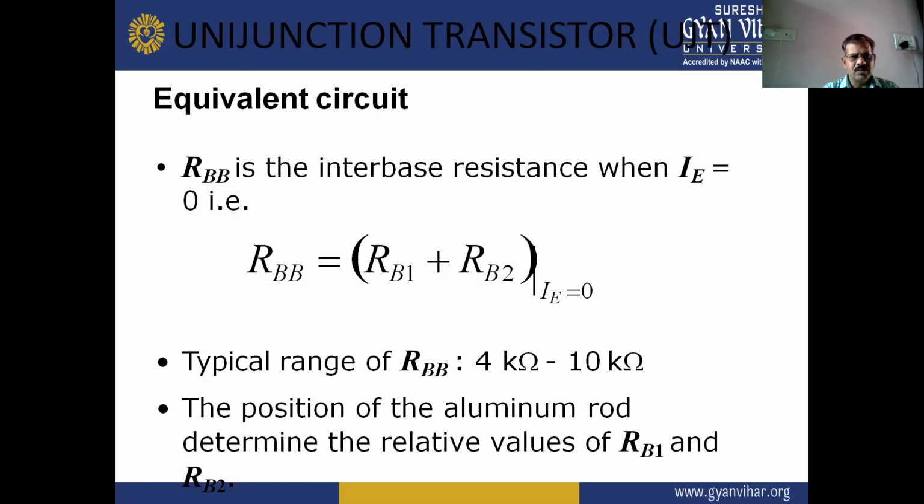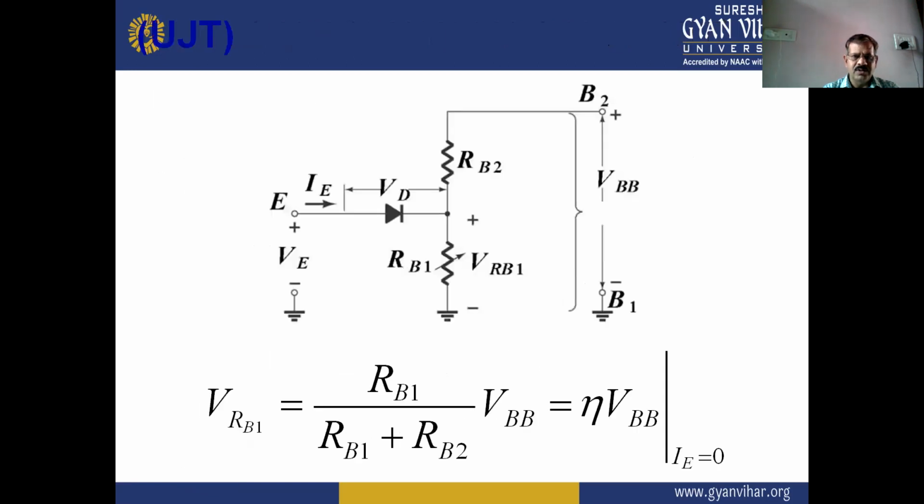The typical range of RBB is 4 kilo ohm to 10 kilo ohm. This is the typical range of the base resistance across the two bases. The position of the aluminum rod determines the relative values of RB1 and RB2. So what is the voltage across the base resistance RB1?